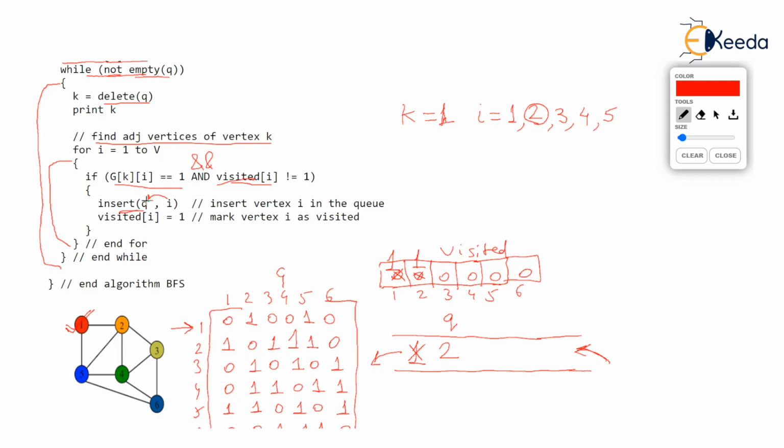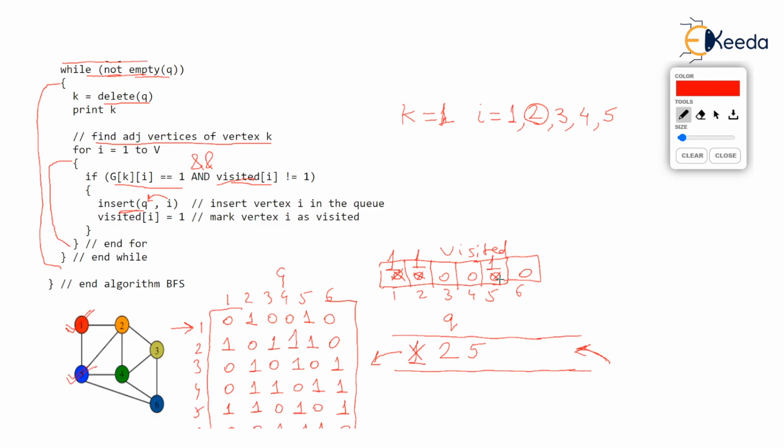The ith vertex inserted in the queue means 5 will get inserted in the queue. And whenever any vertex joins the queue, we immediately mark that vertex as visited. So the fifth element of visited is made 1. In short, we are claiming that the fifth vertex is ticked.